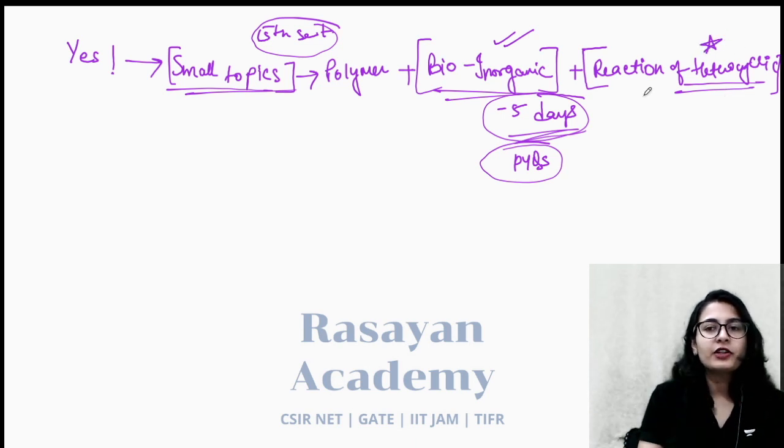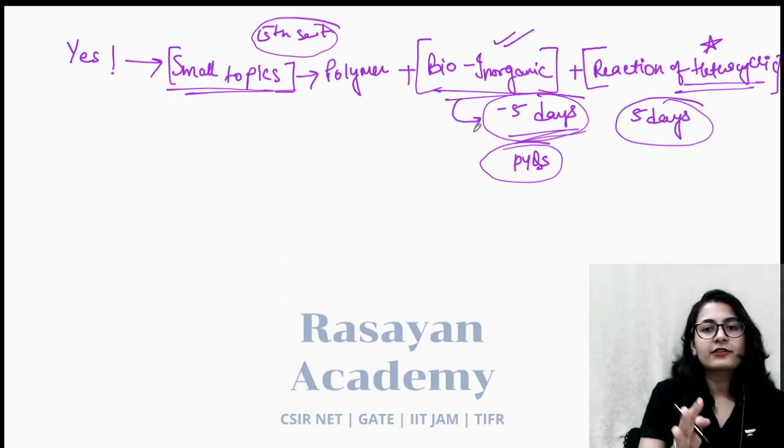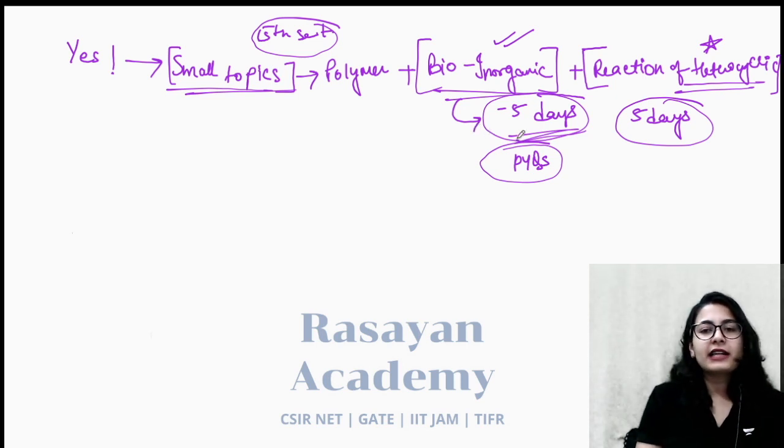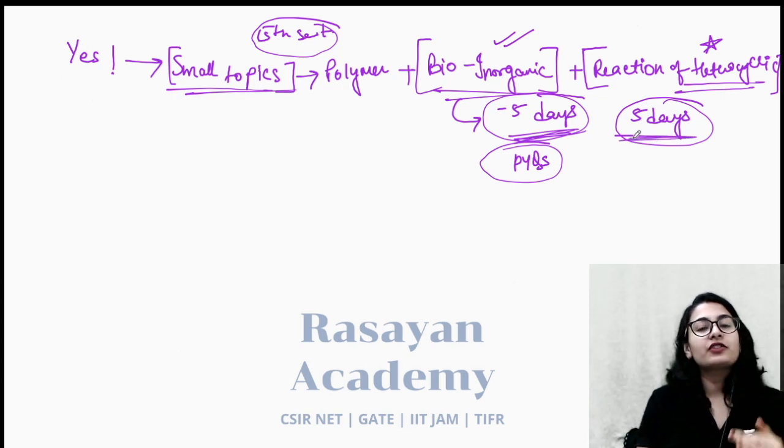If you have a proper source, it is once again going to take you no more than 5 days. I said too much for bioinorganic, 5 days is not even needed, it might take you like 3 days. But let's suppose 5 days for both of these. They are going to fetch you marks.